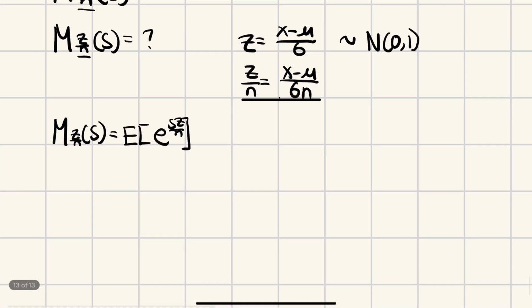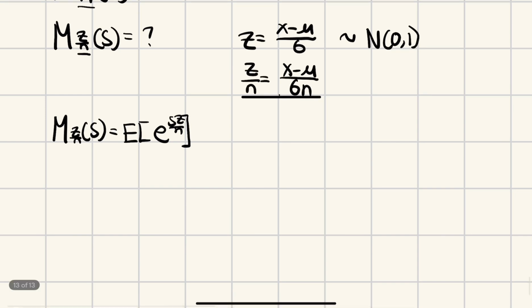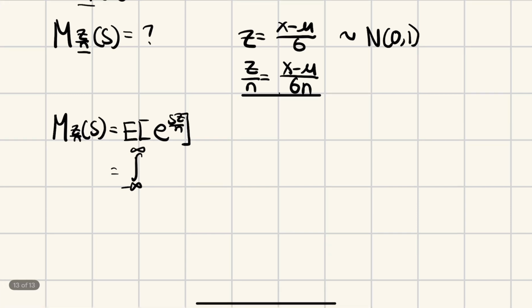So from the definition of moment generating function, the moment generating function of z over n is the expectation of e to the power of sz over n. So that would equal the integral taken from negative infinity to infinity of e to the power of sz over n times the PDF of z.